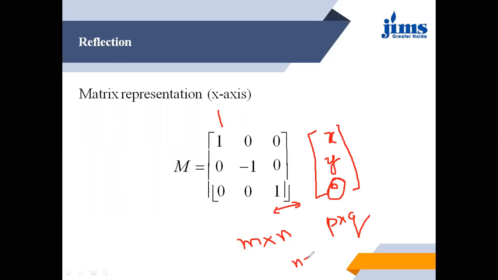Means the number of columns in the first matrix should be the number of rows in the second matrix. So this is the reason to put a 0 over here.